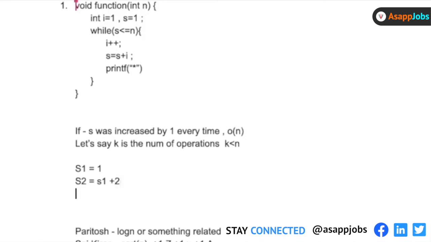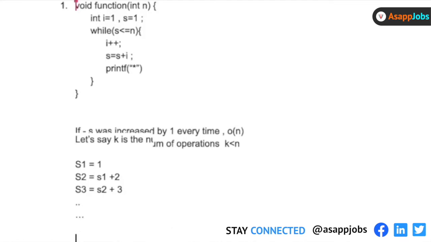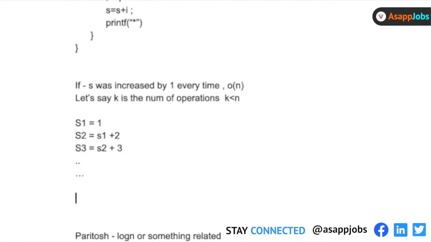The value of s3 is s2 plus 3. Can we write it like this? Similarly, suppose this has gone for k times, meaning k operations are happening, so the loop will run k times. Suppose at the kth time the value will be s of k.